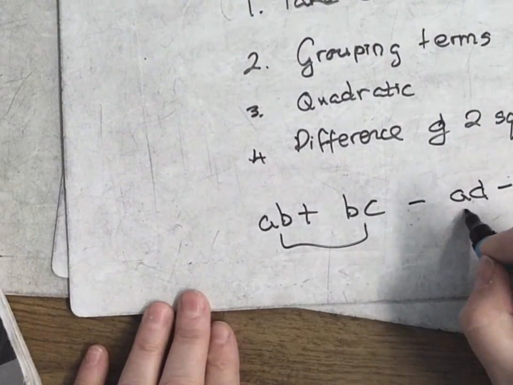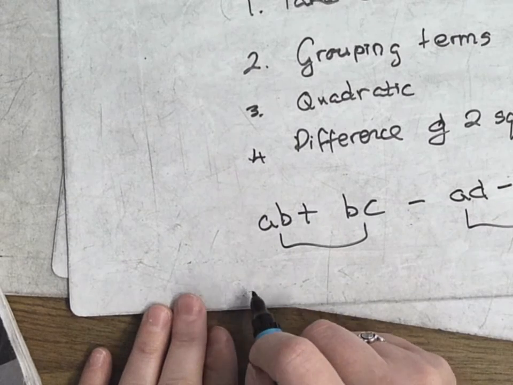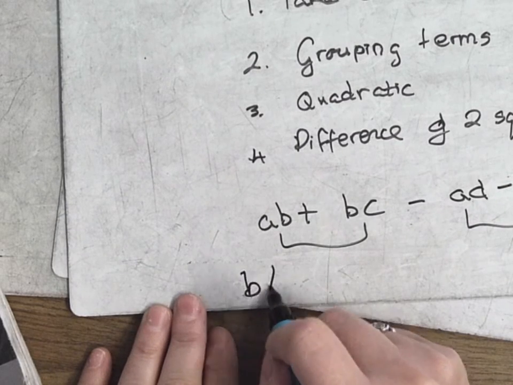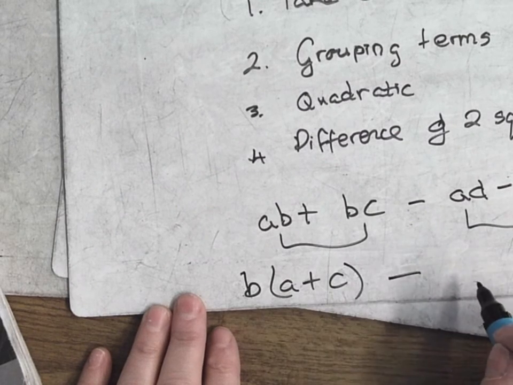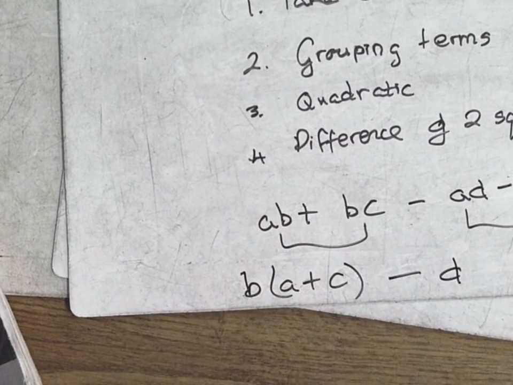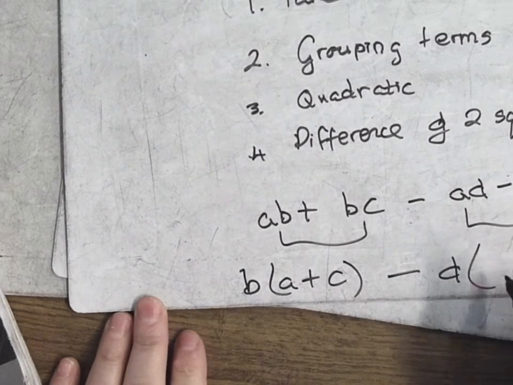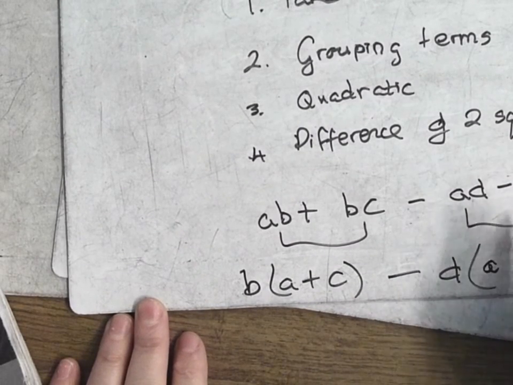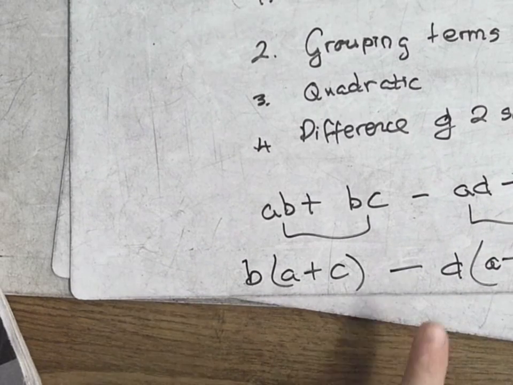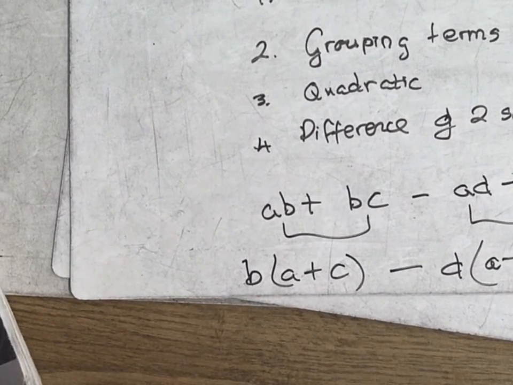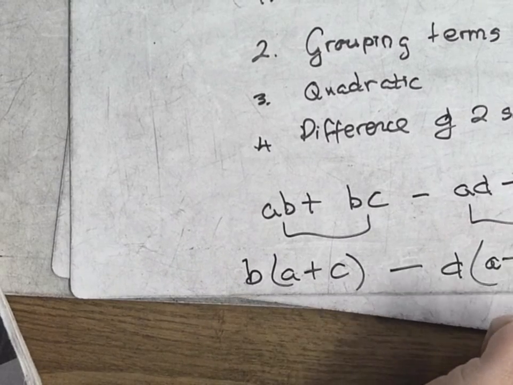Pair off the first 2 together and the second 2 together. Out of the first 2, take out a B, and I'm left with an A plus C. Out of this, I'm going to take out a minus D. Now, what's the story when I take out a minus sign? The middle sign changes, doesn't it? So this becomes an A, that's a plus, and a C, and then my answer is B minus D times A plus C, yeah? Okay, do I have to write down the last line for you?